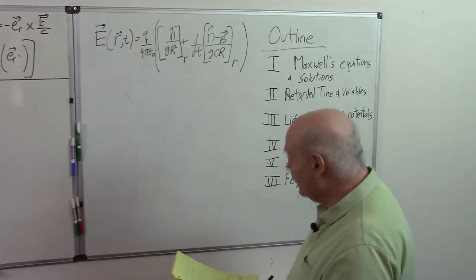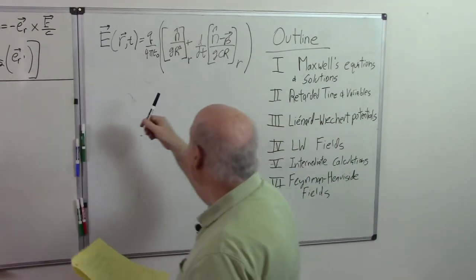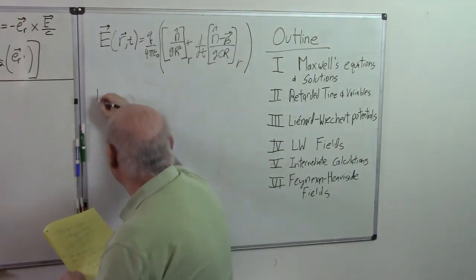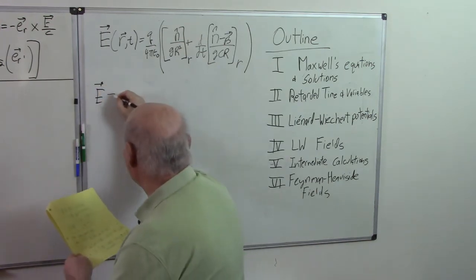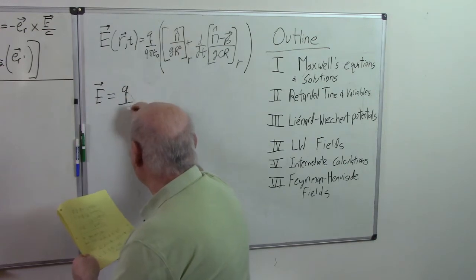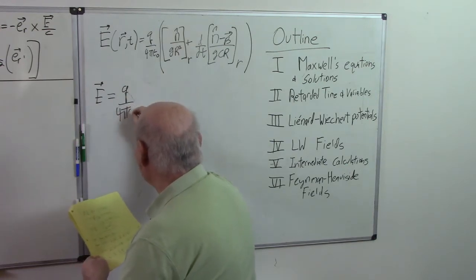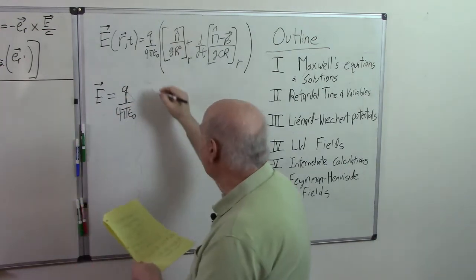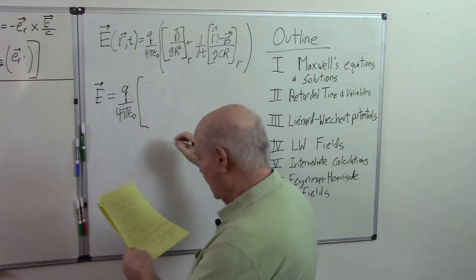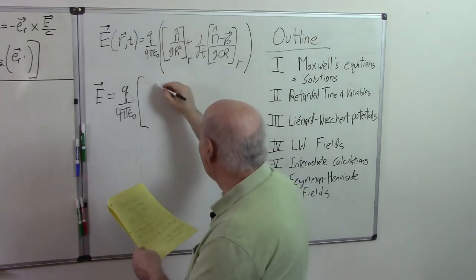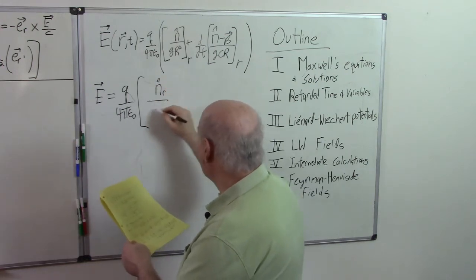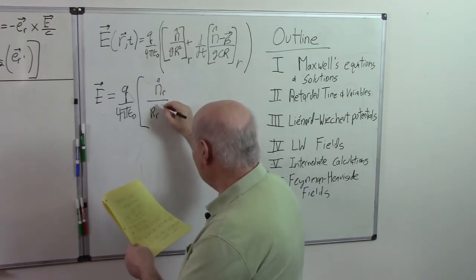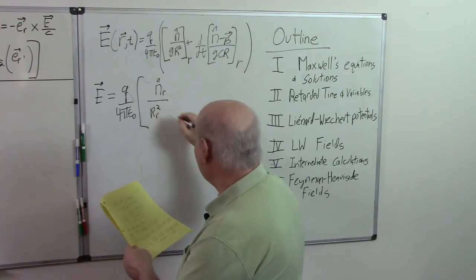And so if we put in some of our identities, we can get this first approximation to our result. So we're going to get n_r hat over r hat squared.